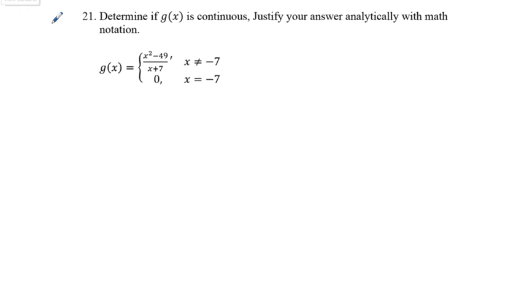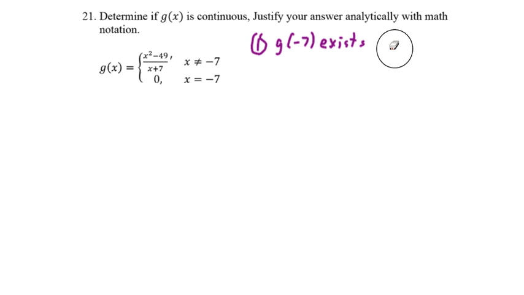problem number 21. Determine if g of x is continuous. Justify your answer analytically with math notation. Step 1, we have g of negative 7 exists and is equal to... Excuse me, actually we want g of 0, don't we?